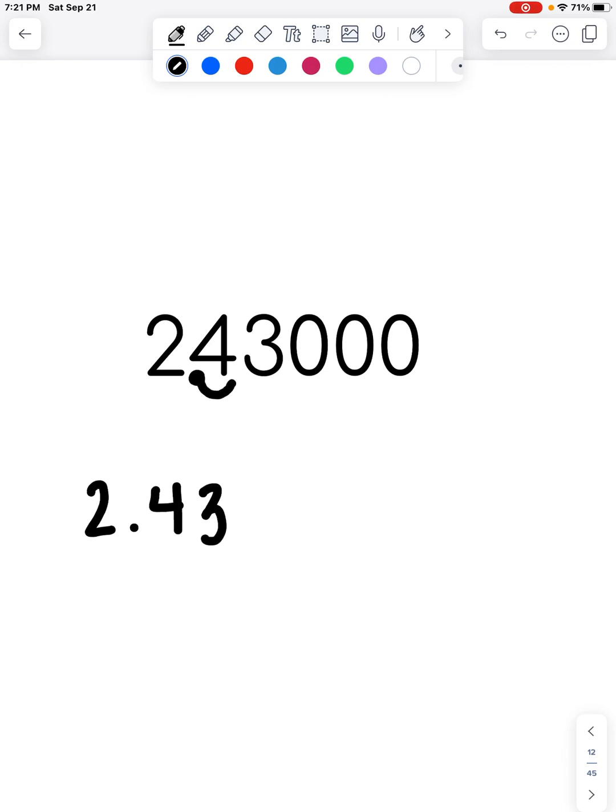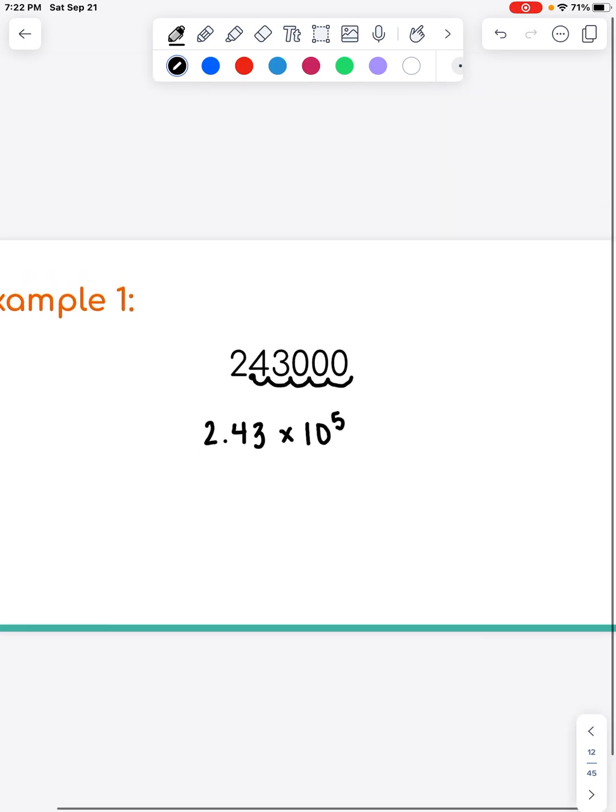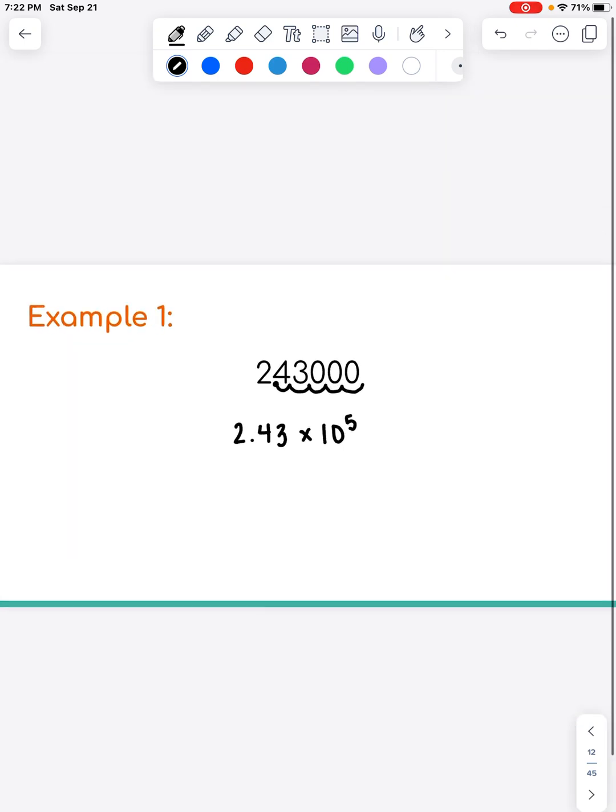Now I need to count my decimals. 1, 2, 3, 4, 5. So times 10 to the 5th. Since this is a very big number, 243,000, I'm going to give that a positive exponent.